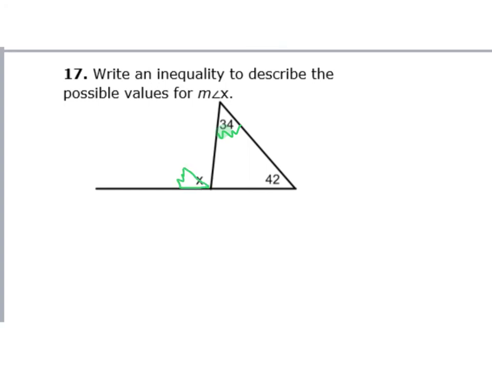And then we tore off this corner and we glued it here, and we saw they made exactly that exterior angle. So in order to find this exterior angle, I just have to add the 34 plus the 42, which gives me a value of 76 degrees for angle x.